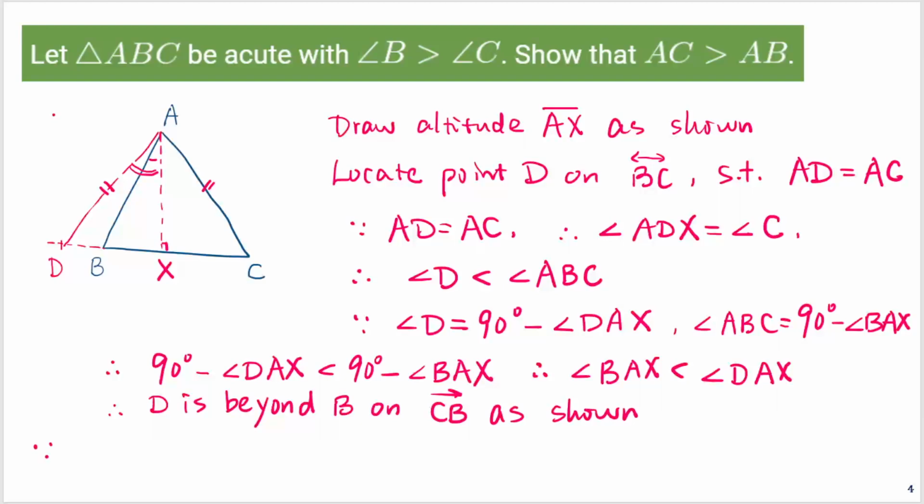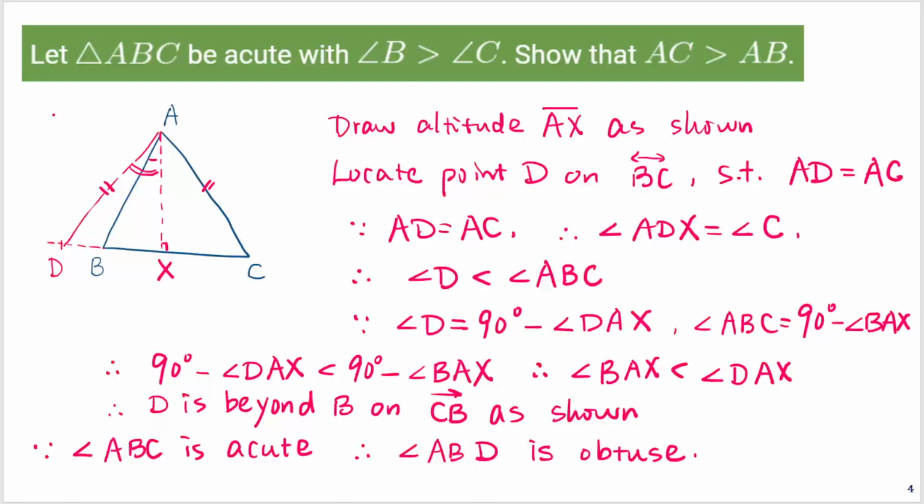And because angle ABC is acute, because it's in an acute triangle, right? Then we know angle ABD is 180 degrees minus angle ABC. Angle ABD must be obtuse.